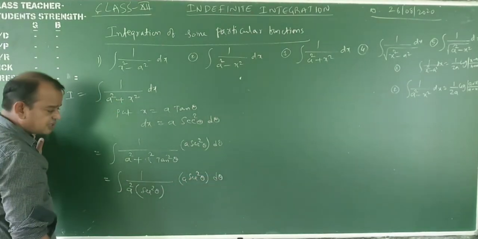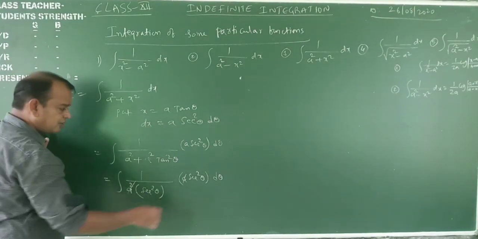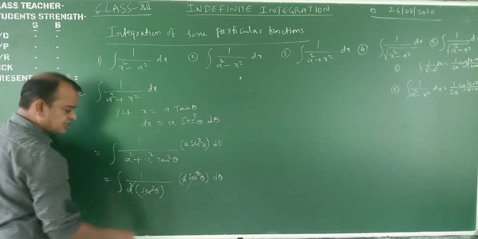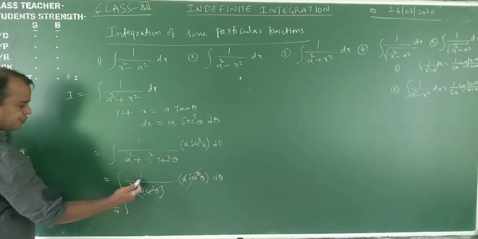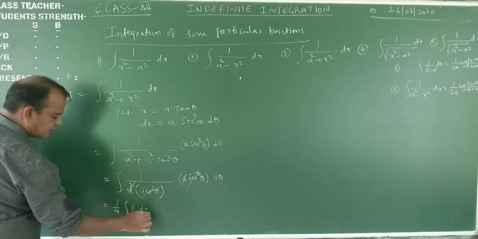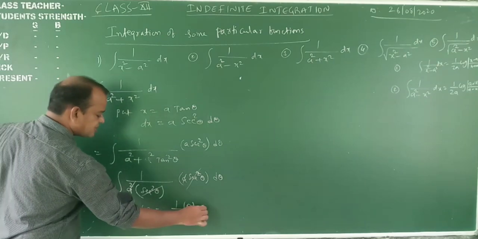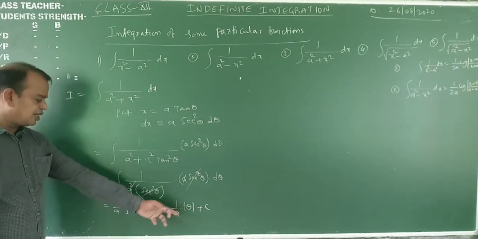What happened, my dear students? Here a cancels, and secant square theta cancels. What are the remaining terms? 1 by a integral of 1 d theta, that is equal to 1 by a into theta plus c. Integral of 1 dx means x, integral of 1 d theta means theta.